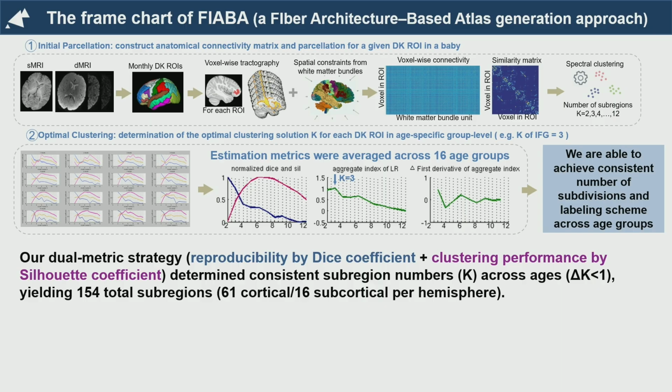Here we can see in this figure, the blue line represents the reproducibility, and the purple line represents the clustering performance. And we can find the patterns are quite consistent across different age groups. So we are able to achieve a consistent number of subdivisions and labeling scheme through infancy.